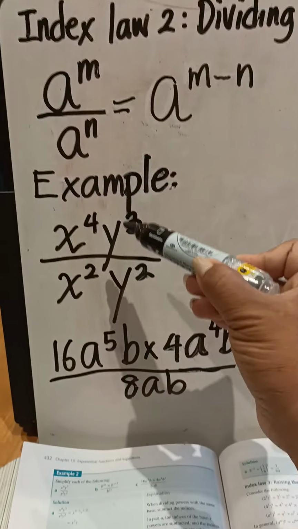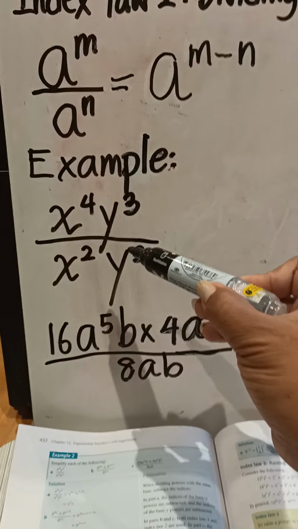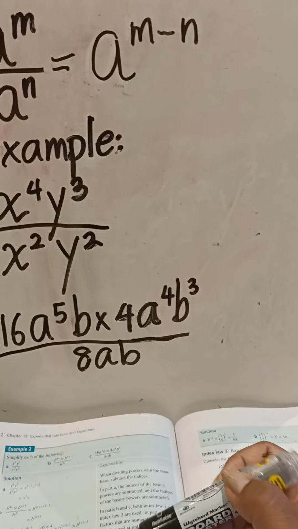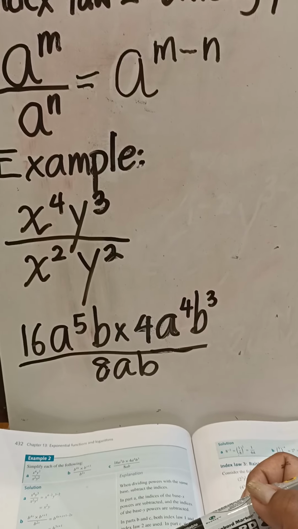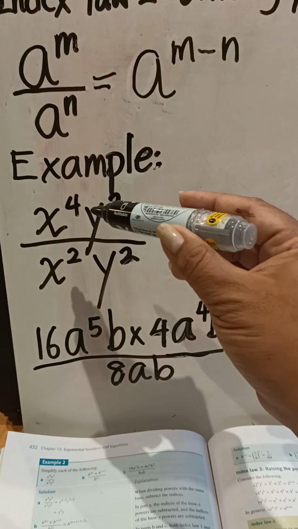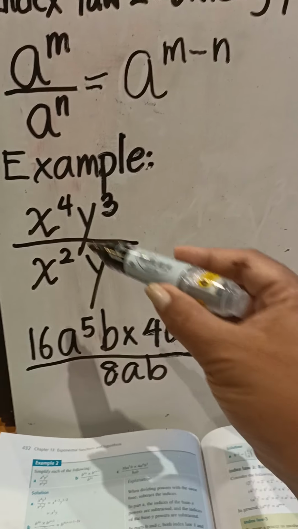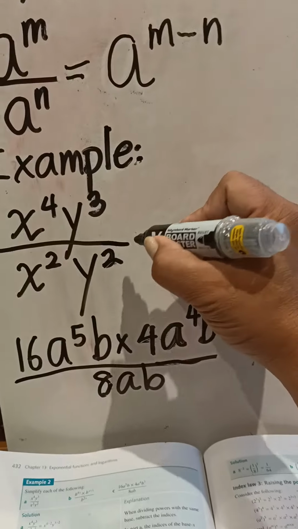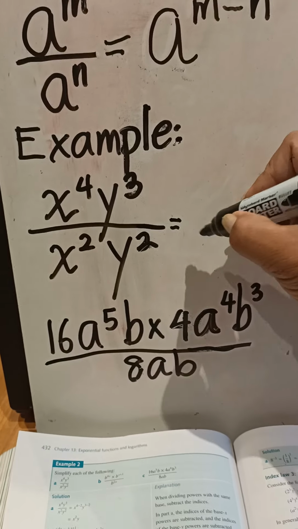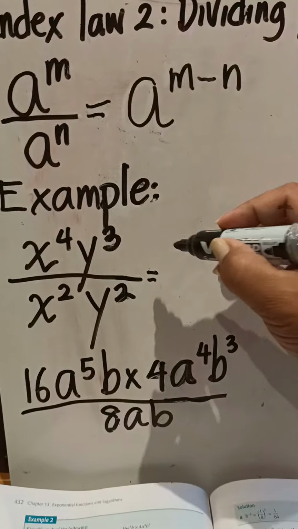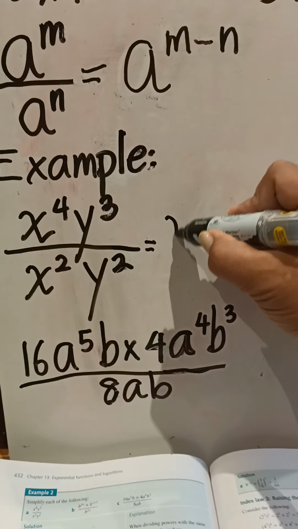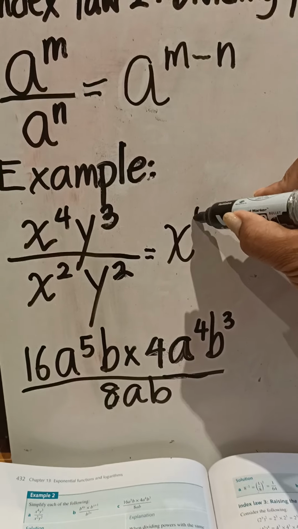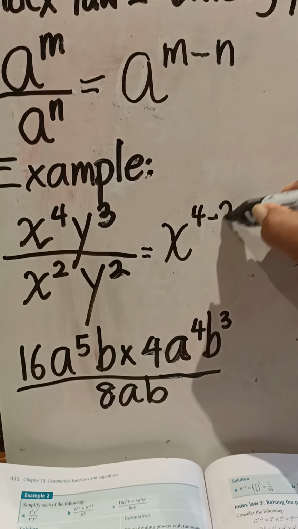To understand the concept well, let's have an example here. x to the fourth y cubed divided by x squared y squared. If you look at it, we've got two variables in here, x and y. From the law above, copy the base, the same base x, the numerator 4 minus the denominator 2.